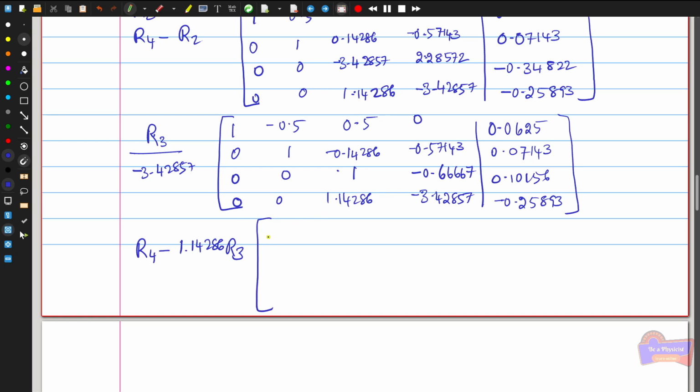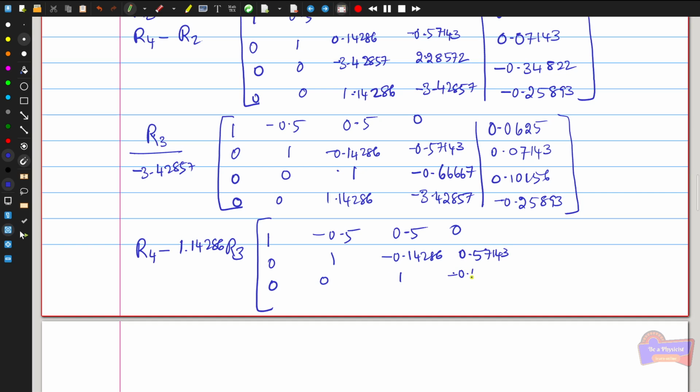So the final result is 1, minus 0.5, 0.5, 0; 0, 1, minus 0.14286, 0.57143; and here 0, 0, 1, minus 0.66667.